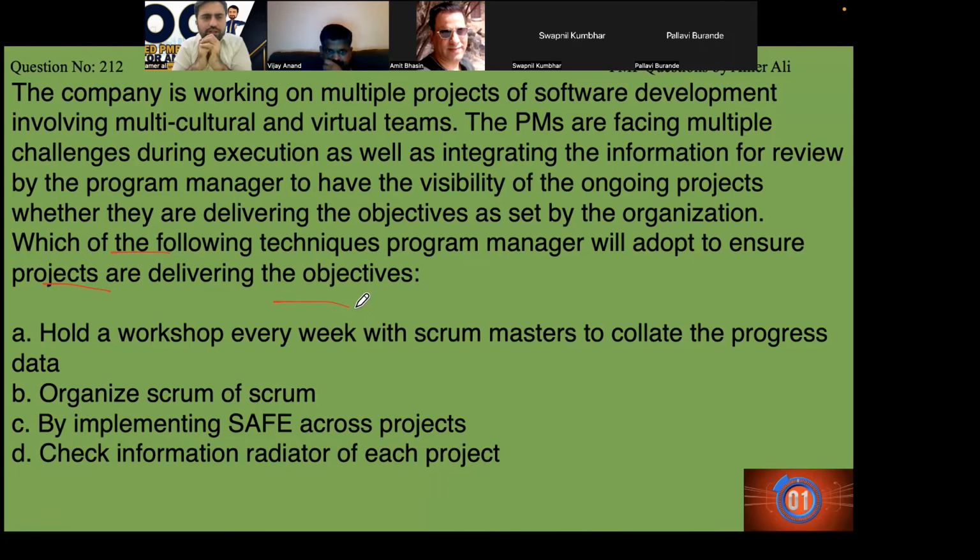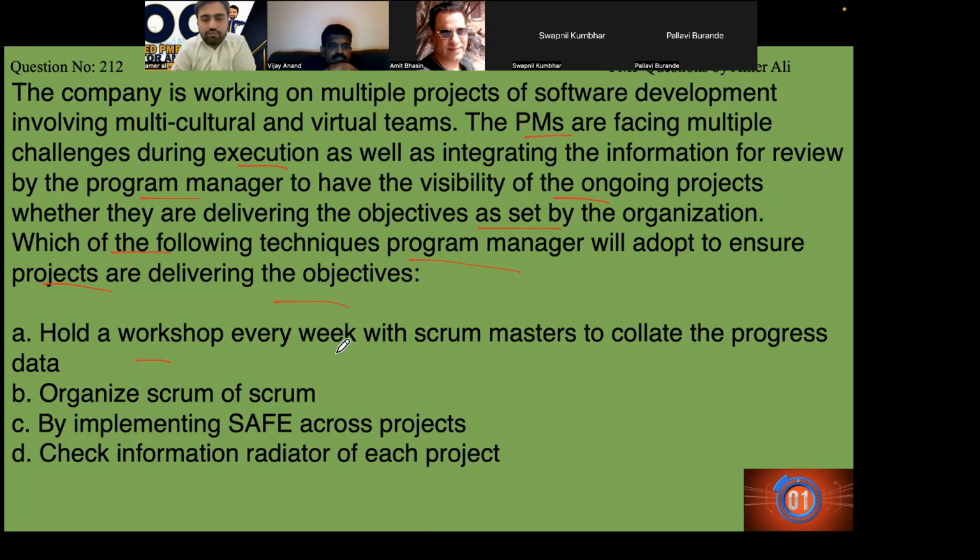The PMs are facing multiple challenges during execution, as well as integrating the information for review by the program manager to have visibility of the ongoing projects, whether they are delivering as set by the organization. Which technique will the program manager adopt?